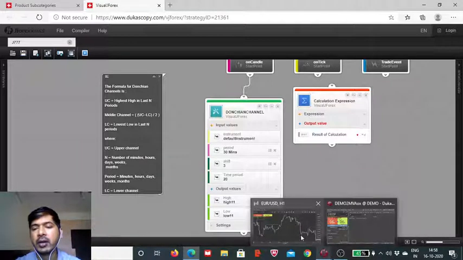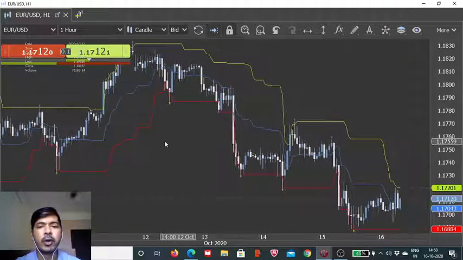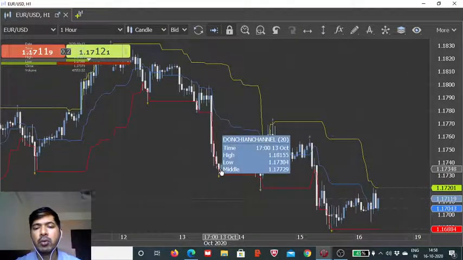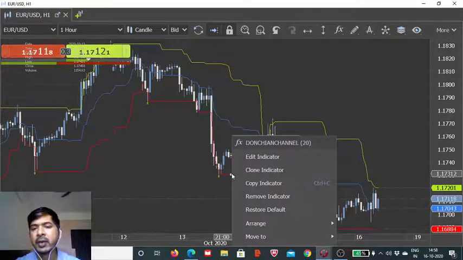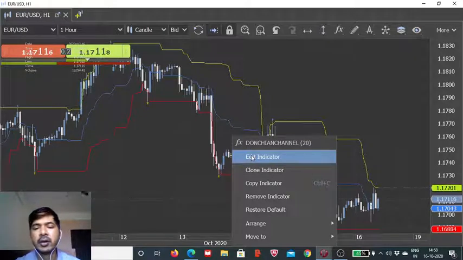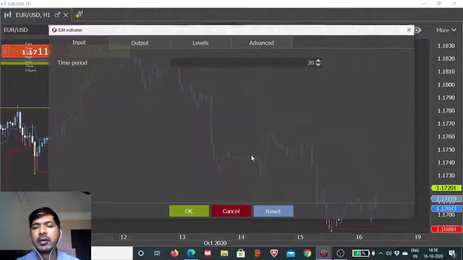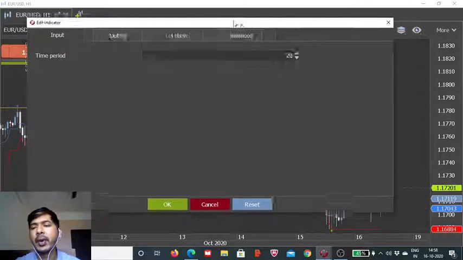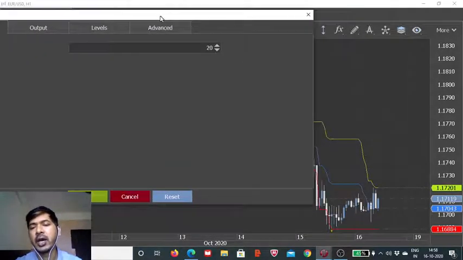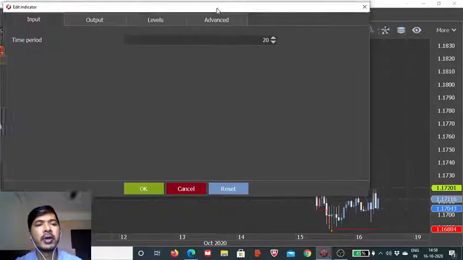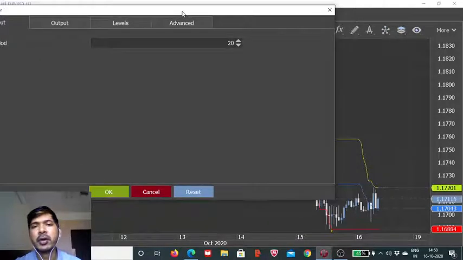I will try to demonstrate to you how a change in the default time period impacts the formation of the channel. Now this is for the 20 time period for Euro USD.